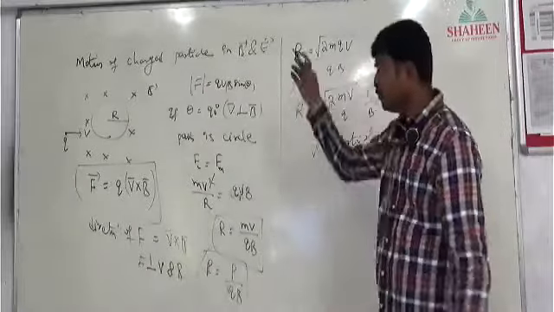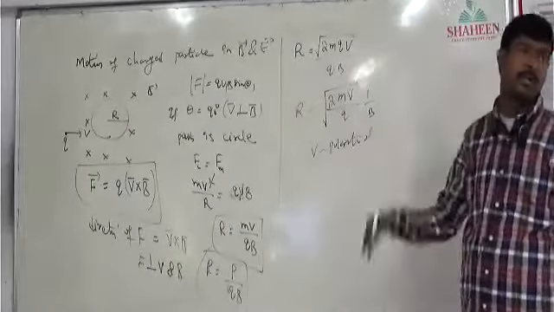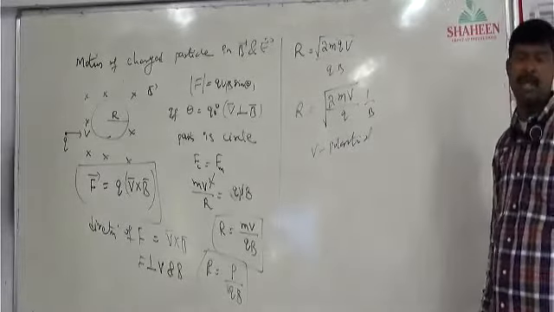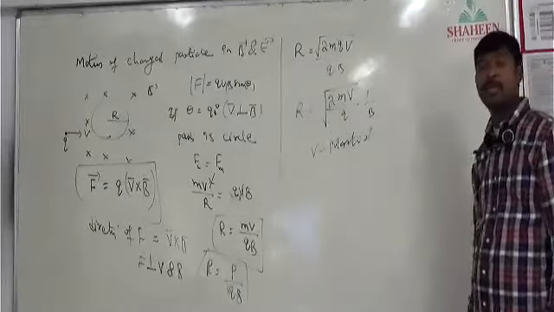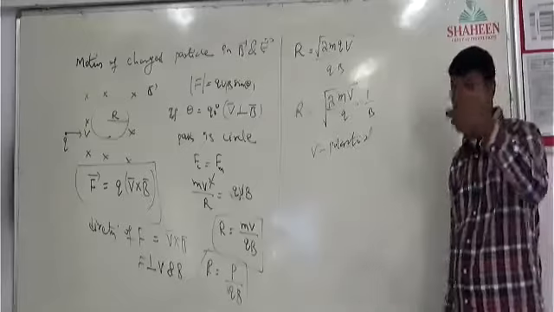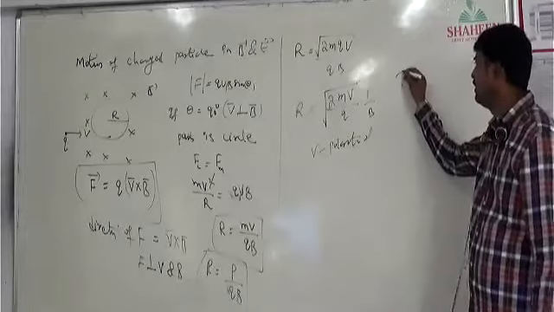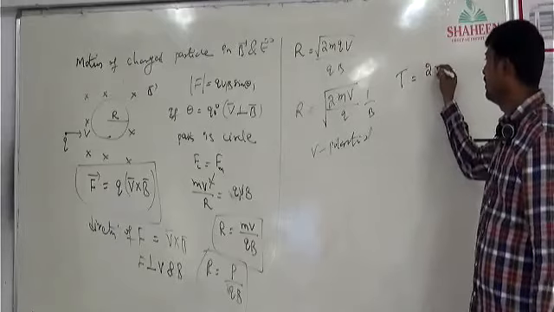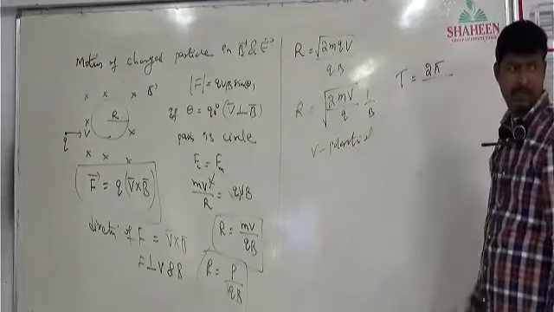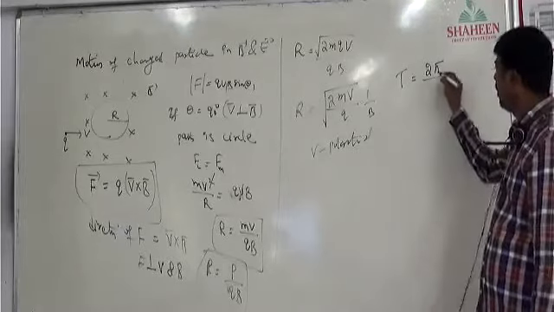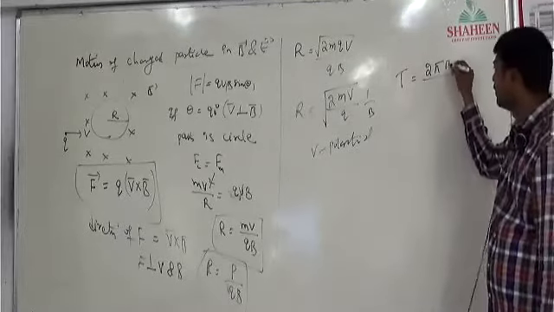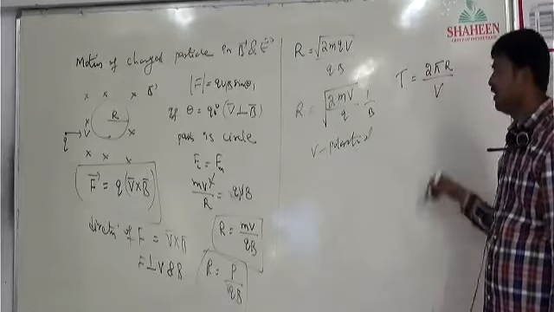Whenever a particle is moving in a circle, the time period will be asked. Time period is the time taken to complete one circle. For time period T, one circle covers 2 pi radians, so the distance traveled is the circumference 2 pi r, divided by v, the velocity.